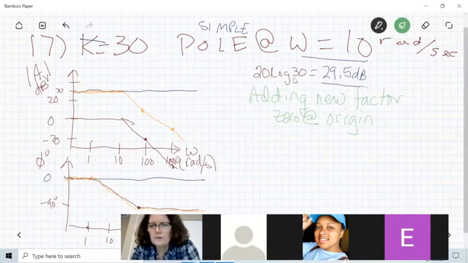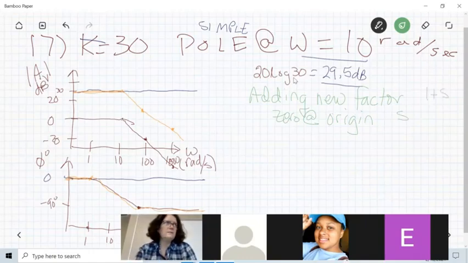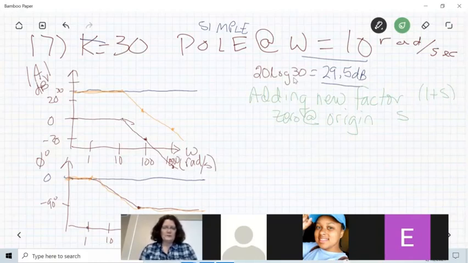A 0 at the origin is a factor of s. A 0 at omega 1 would be a factor of 1 plus s. They're different, and they're plotted differently. So I go back to my table and I look at the 0 at the origin. And this is the one that's going to be a little bit tricky when we get to lab.